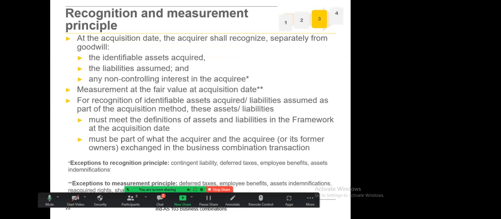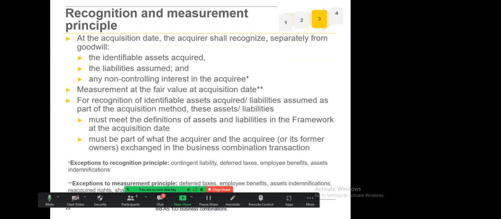But if you have acquired less than 50%, then it will go to your associate accounting, where you need to follow the equity method. What do we mean by equity method? In the equity method, if you have acquired, suppose, 20% stake in your associate, you just need to take into consideration the value for that 20%. You cannot do line by line consolidation when it comes to your associate.